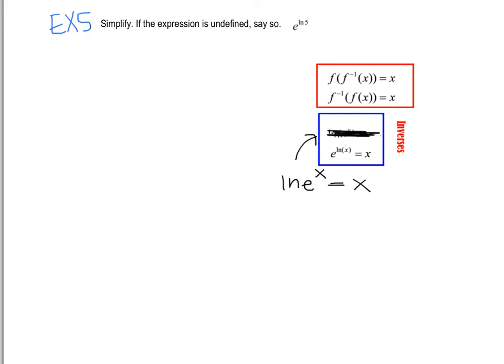With the previous examples, we were dropping down the exponent, and then we knew ln was log base e, but these are inverses of each other. It works the same the other way around as well. If I raise e to the ln of x, that's just going to be x as well, because e and ln are inverses of each other. So if we apply that rule here, e to the ln 5, since e and ln are inverses, we're just left with 5.